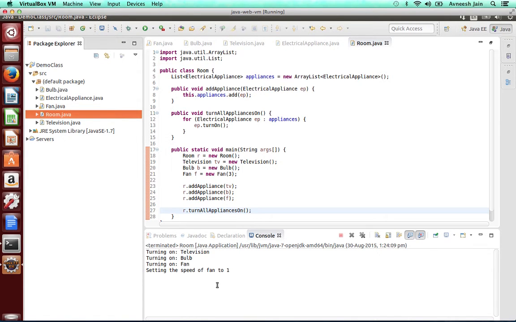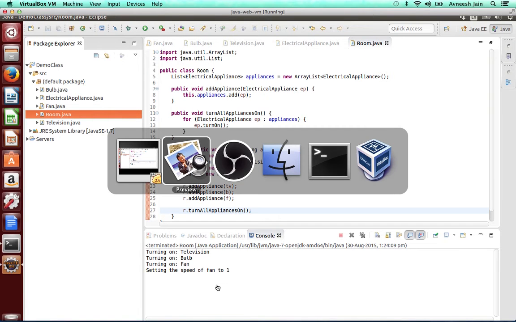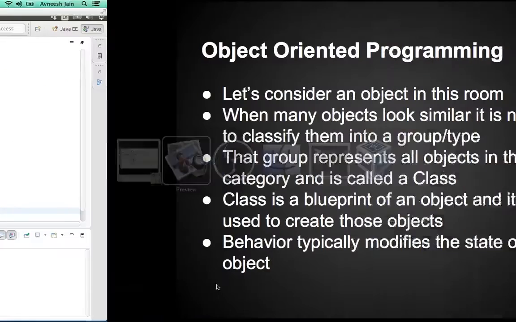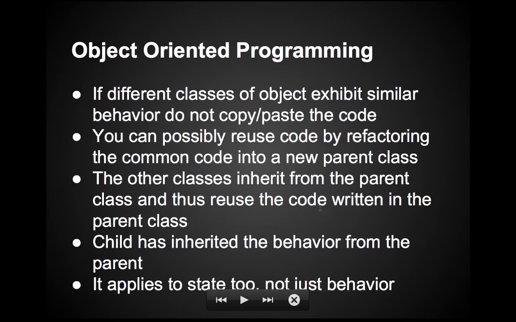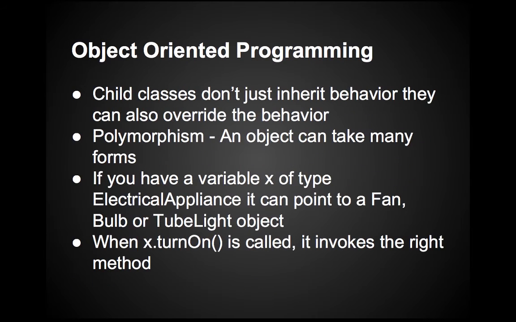So this, I hope, gives you an idea of object-oriented programming, what is inheritance, what is data hiding, encapsulation. Let's do a quick recap of the things that we have learned. Child classes don't just inherit the behavior, they can also override the behavior. We just created a fan and overrode the turn on behavior.